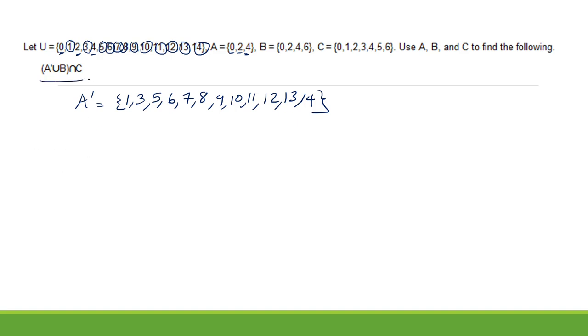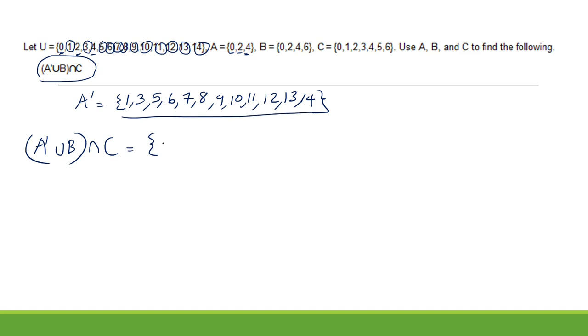Now let's try to find A prime union B intersect C. We know this is A prime, so I'll fill that in here. 1, 3, 5, 6, 7, 8, 9, 10, 11, 12, 13, 14.